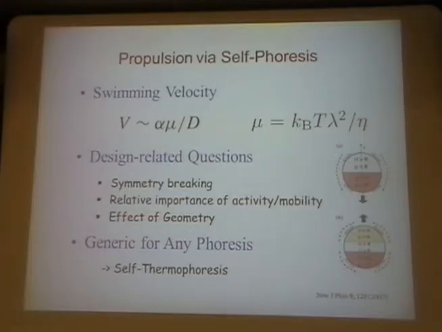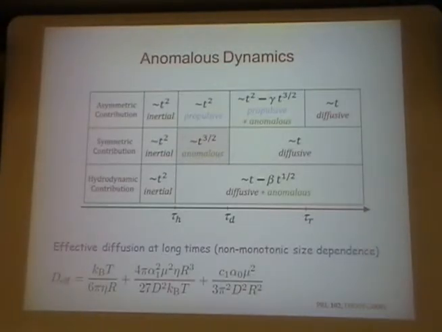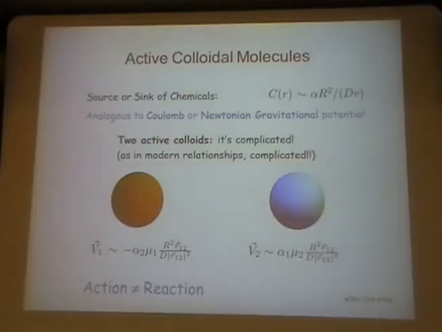For example, you can probe what kind of symmetry breaking you need, what will be the effect of geometry, what's the relative importance of activity and mobility, and also you can do this kind of calculation for other types of phoretic motion, including self-thermophoresis, which I hope I will have time to get to, because that's the only bit that will have photonics in it, and I hope to make some connection to what you guys are interested in. Okay, so let me maybe skip that in the interest of time.